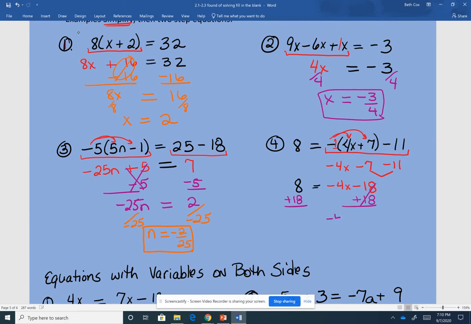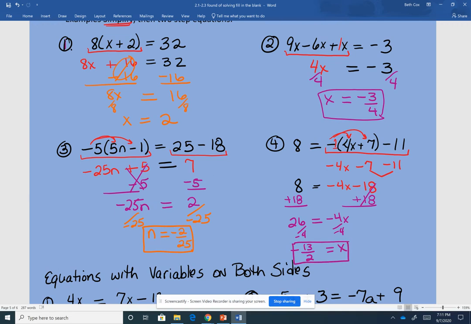I'm left with negative 4x on one side and 26 on the other. And then divide by negative 4. Right, again, this will not divide, but it will reduce. So I'm going to reduce. It reduces by 2, so that'll be a negative. I know it's going to be a negative.